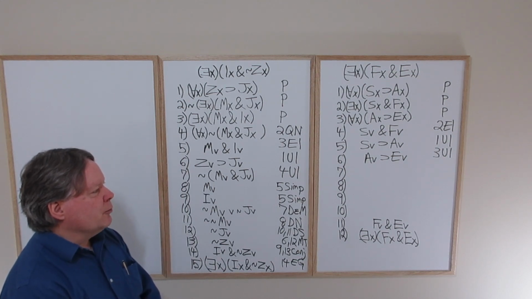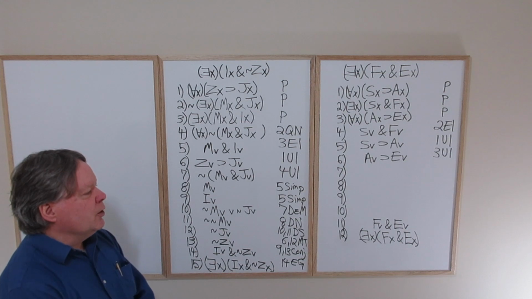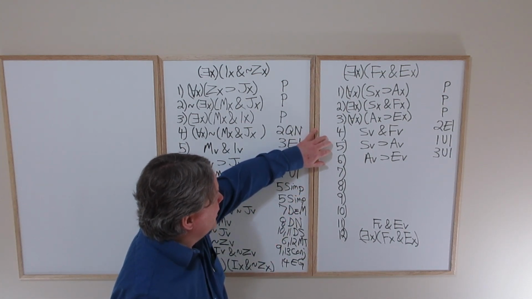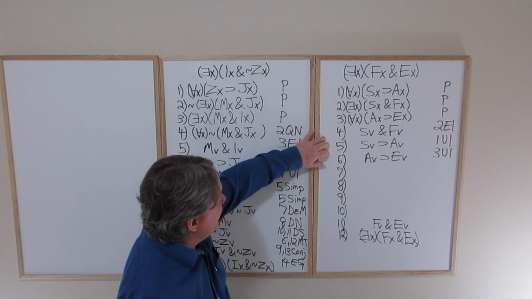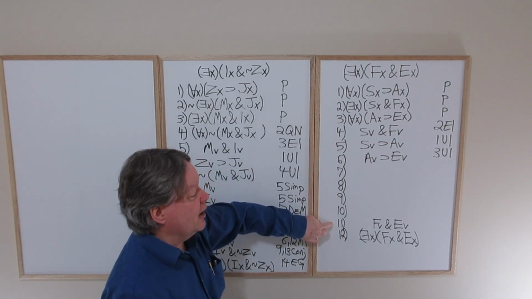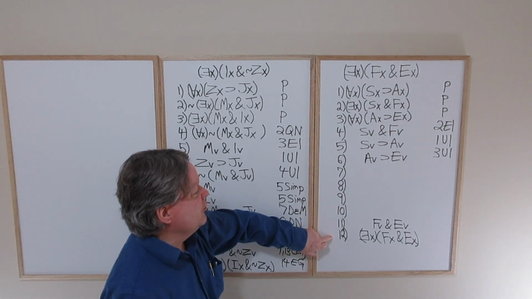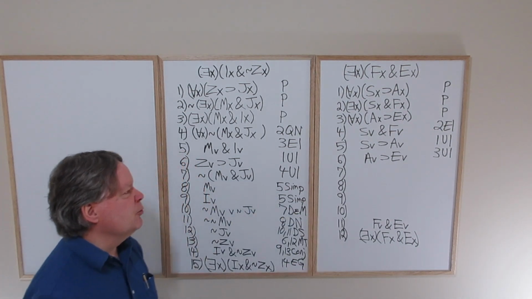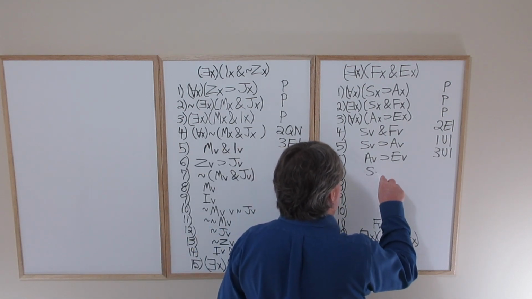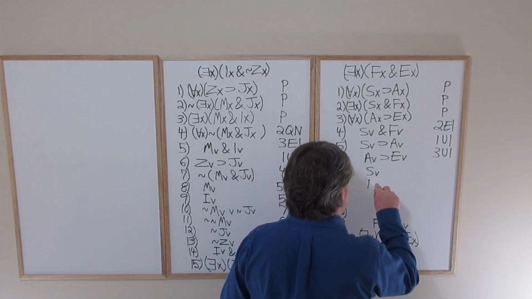So, all that remains is to apply the rules of sentential logic to lines 4, 5, and 6 to get line 11. Then we do the EG to complete the proof. Once again, the sentential logic part, pretty simple.